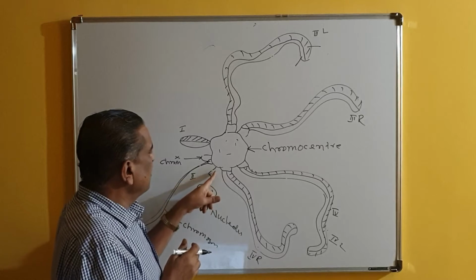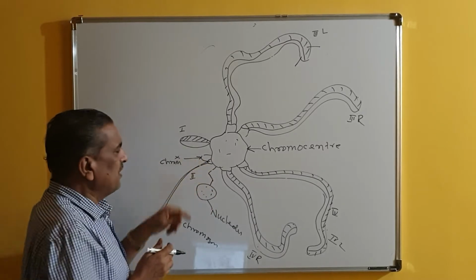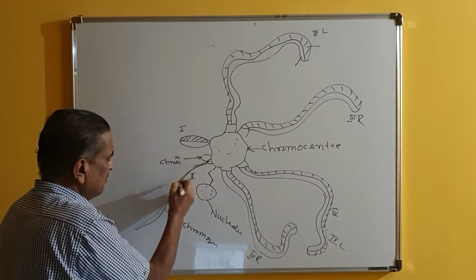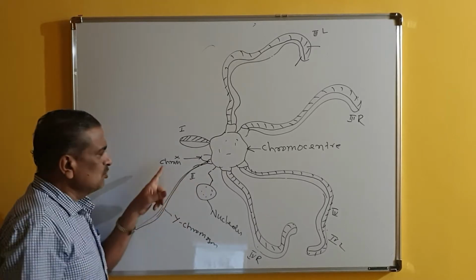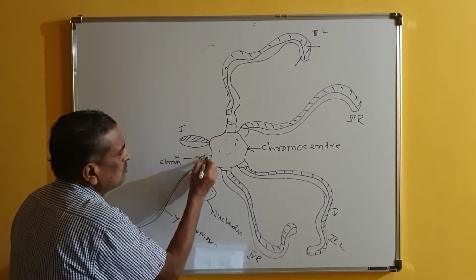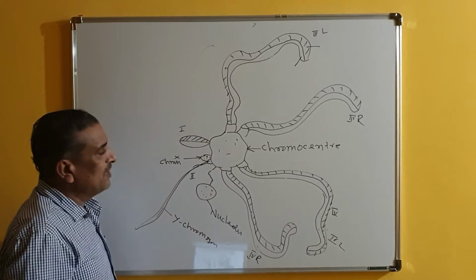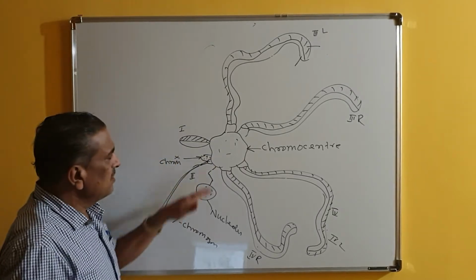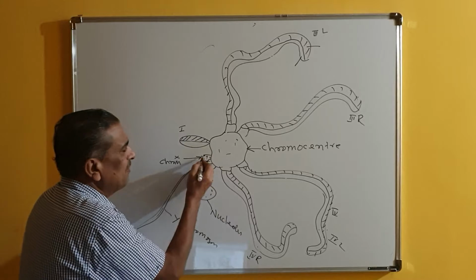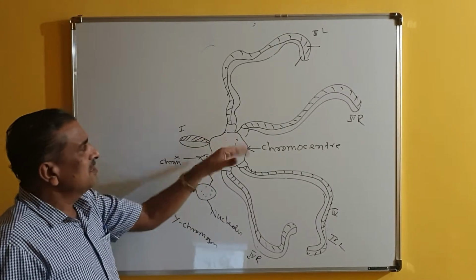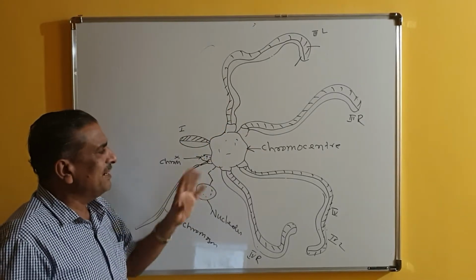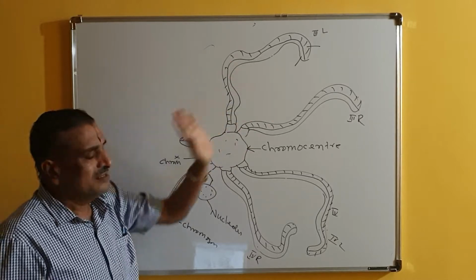And if it is male Drosophila, you will find one big, large Y chromosome and a very small X chromosome. This is called as X chromosome. And if it is to be female, so Y chromosome will not be there, you will find 2 X chromosomes. Anyway, so for the reference I have taken the male Drosophila, so you will find the structure like this.